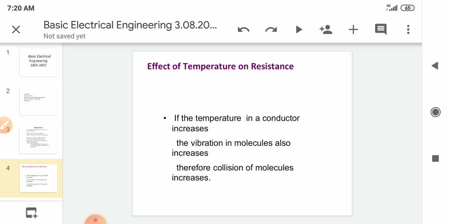The resistance of a pure metal increases with increase in temperature.